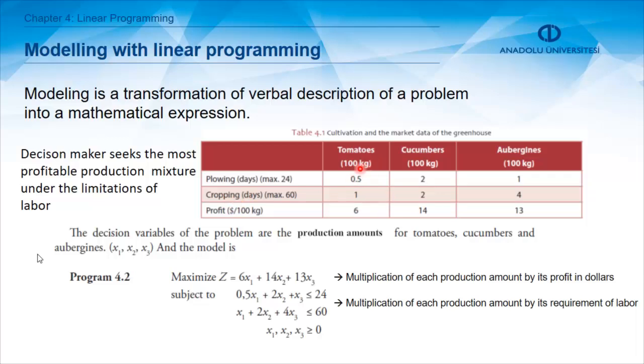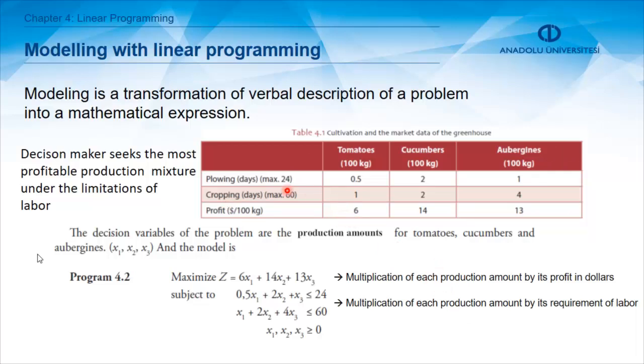And 100 kilograms of tomatoes are sold in the market with a profit of $6. There is a $6 per 100 kilogram profit for the first alternative. And the same can be explained for the other two, cucumbers and aubergines. This is the information table for the decision problem.